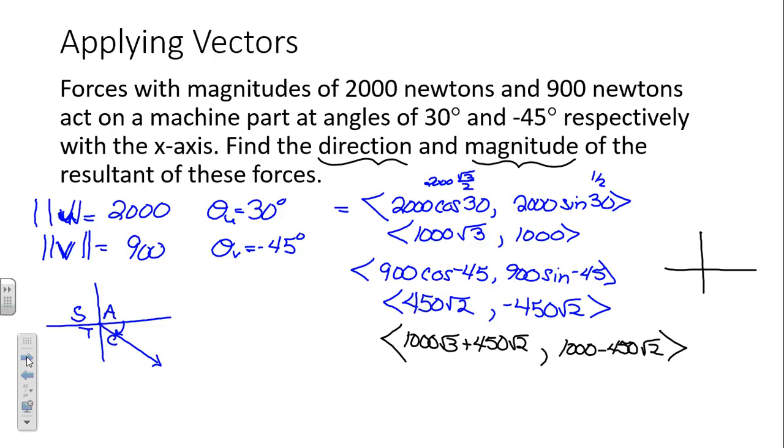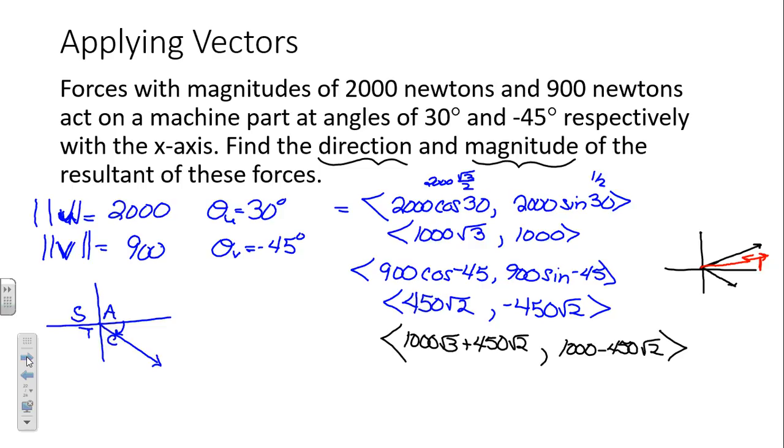It was going 30 degrees a long way, or with a lot of force, and negative 45 degrees with not as much force, right? So our angle is going to be somewhere over here, isn't it? Maybe probably a little bit in this direction, maybe further. Hard to tell for sure, right?